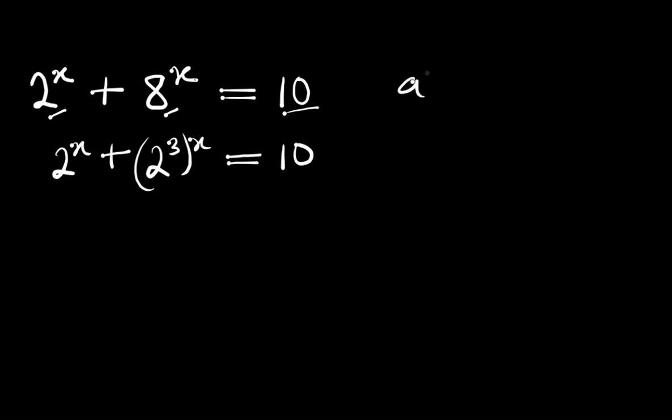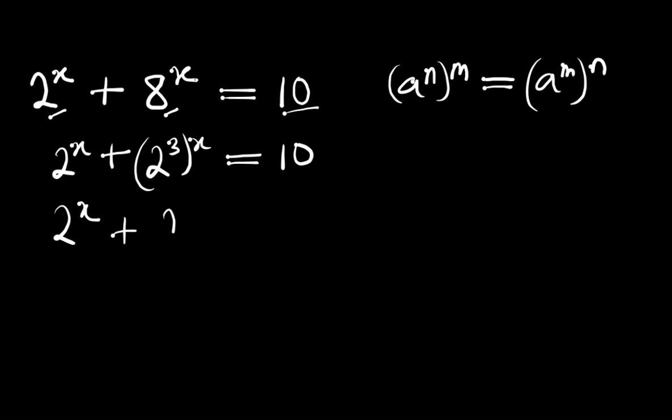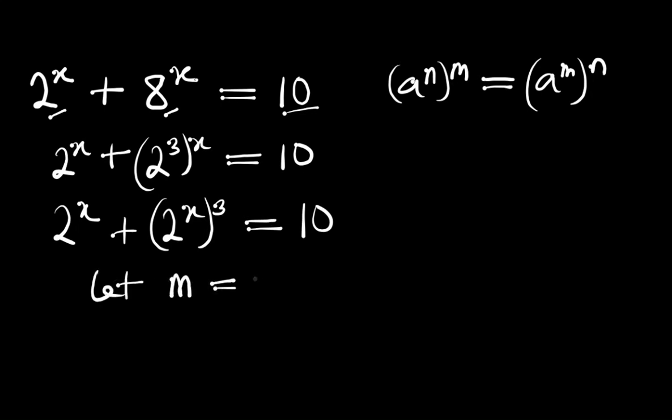Then if you have a power n all power m, it is equal to a power m all power n. So we can have 2 power x plus 2 power x all power 3 equals 10. Then we can say let m equals 2 power x.